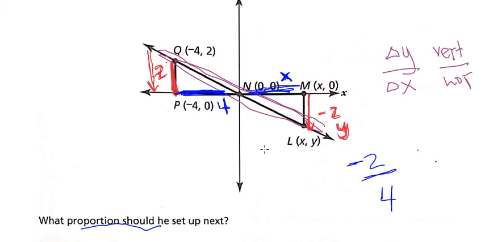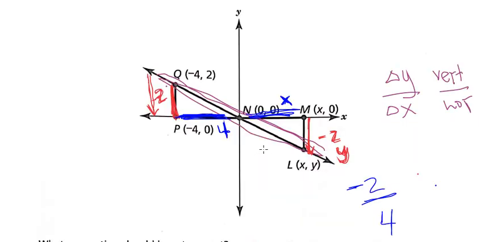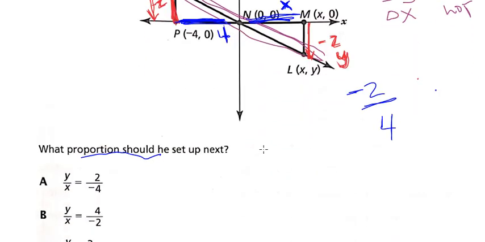And if I go look at my values here, I want to be able to figure out my rise over run. And it is absolutely fine that the negatives are in different positions. But what you need to have is a value that's going to simplify to 1/2. So that is going to be answer choice A.